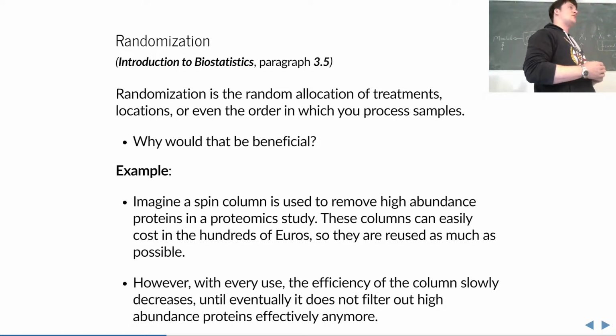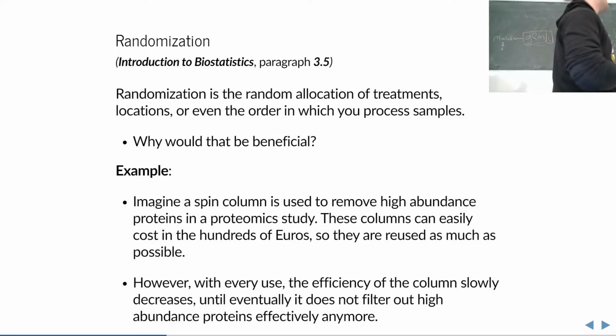It's a kind of column where you can get rid of all the things except for the proteins in your sample. But the thing is, they're incredibly expensive. They cost hundreds of euros per spin column. So you don't want to use them once and then throw them away to be sure that you don't have bias, because of course we want to prevent bias, but not hundreds of euros we want to prevent bias. So we want to reuse them in a way that is minimally biased.